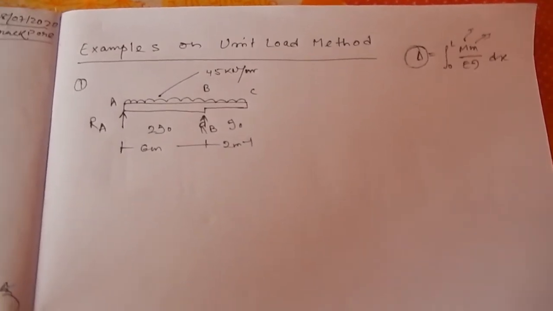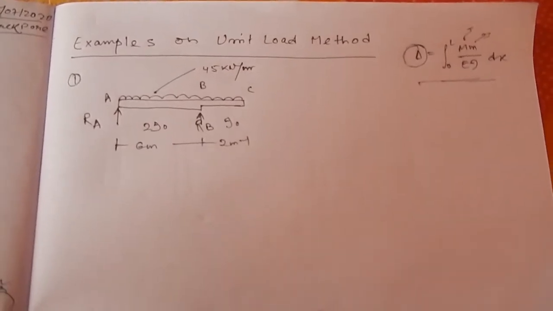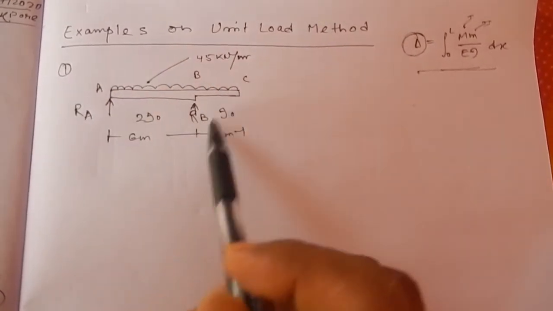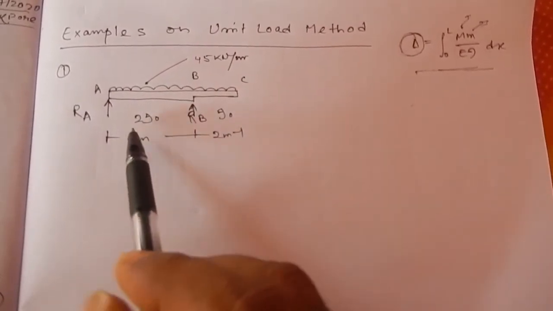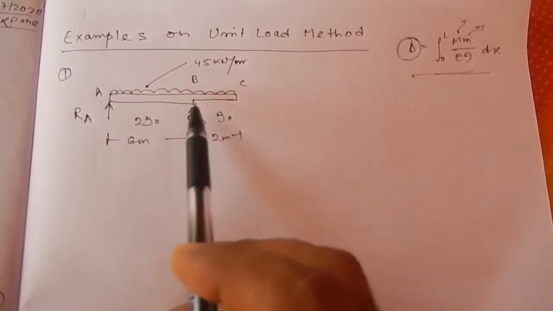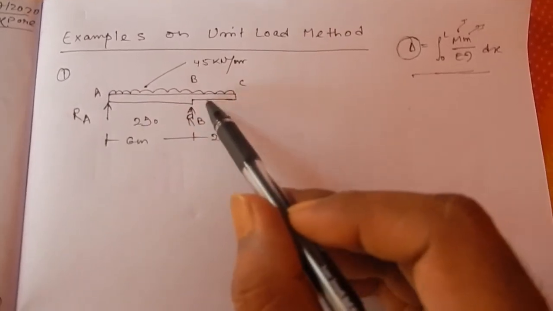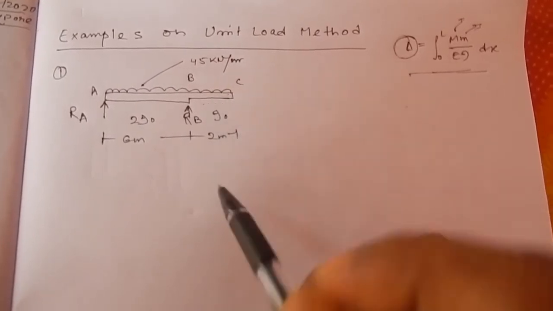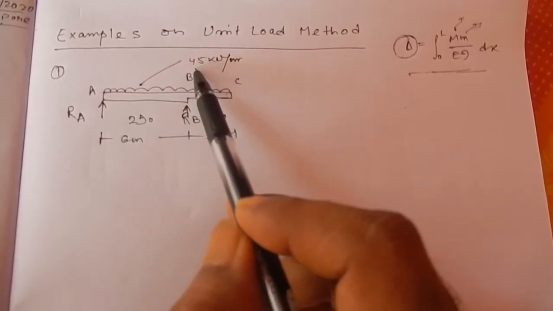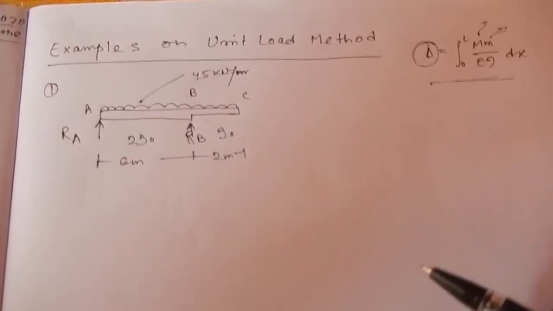Now let us see how we can apply this formula and find out the deflection for a particular beam. Suppose in the first case we are taking an overhanging beam, having two supports at A and B, which are basically roller or hinge supports. The BC part is overhanging. The beam carries a UDL of 45 kilonewton per meter throughout.